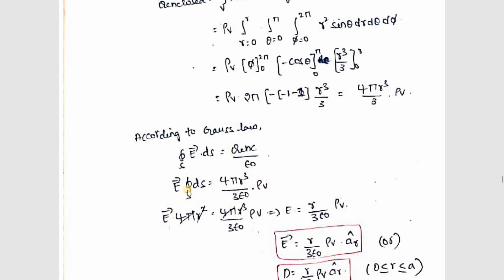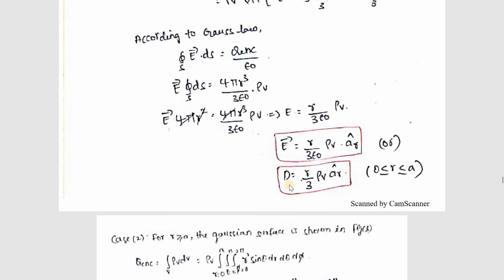So E into, this is the area of this sphere, that is 4 pi r square, is equal to 4 pi r cube by 3 epsilon naught into rho v. So E is equal to r by 3 epsilon naught into rho v. So in terms of unit vector, E is equal to r by 3 epsilon naught rho v into ar. And D is equal to r by 3 rho v ar, because epsilon naught, if you bring it here, we get D. So this is for 0 less than r less than or equal to a.